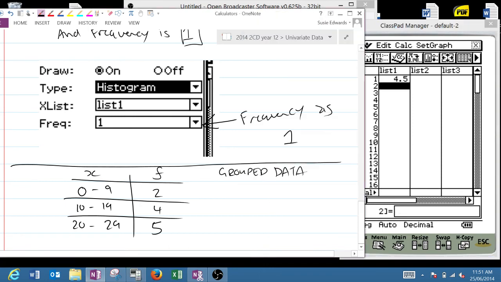Okay, so you must put in the midpoint instead. So 4.5, 14.5, 24.5.